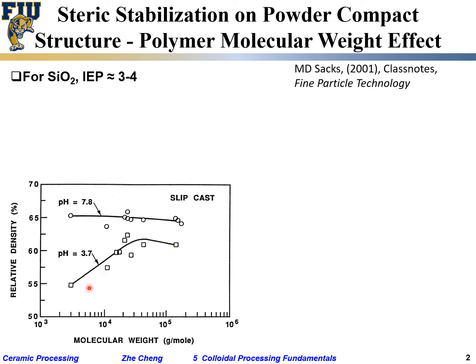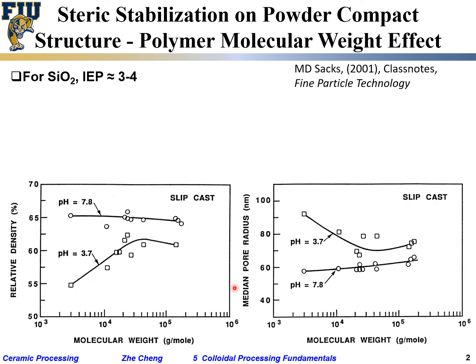And we see for 3.7, which means we have zero charge, the higher the molecular weight, the higher the relative density. And if we also plot the corresponding pore size, the higher the molecular weight, the lower the pore size.